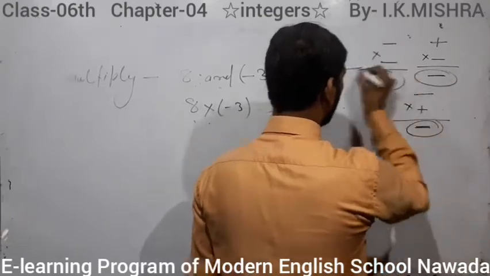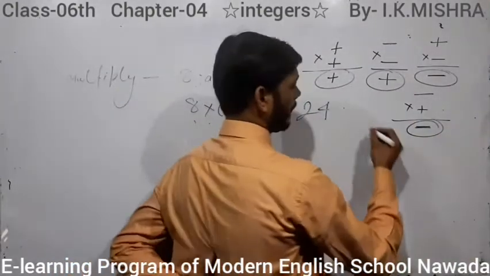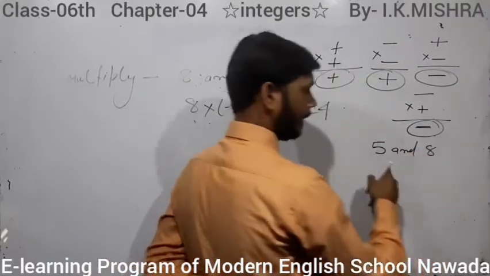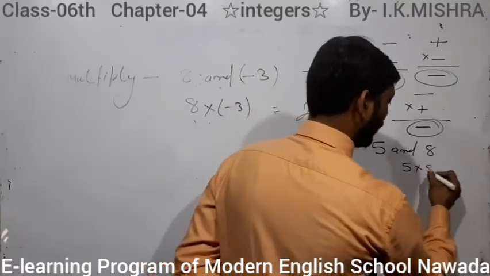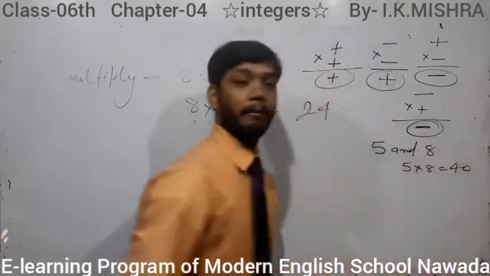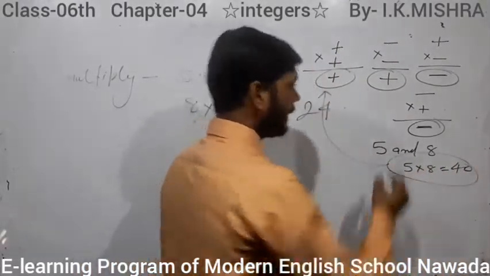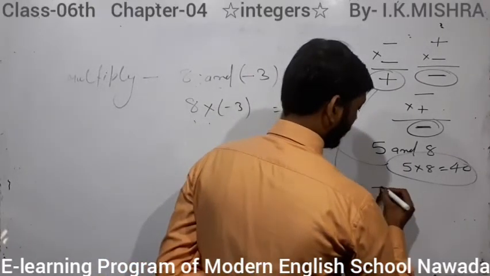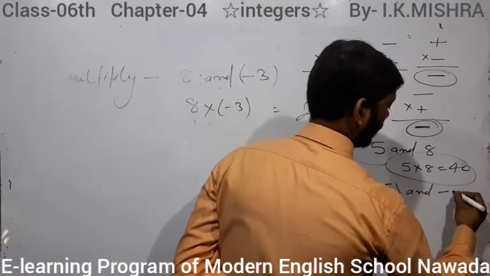Here, students, always take care. I give an example. Suppose you have to multiply 5 and 8. Here both are positive integers. When you multiply 5 into 8, it is equal to 40. Next, I write: multiply minus 5 and minus 7.